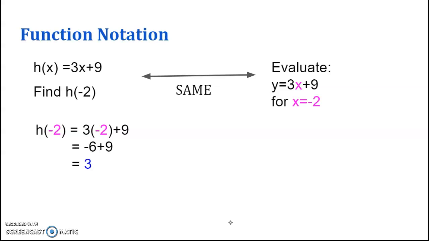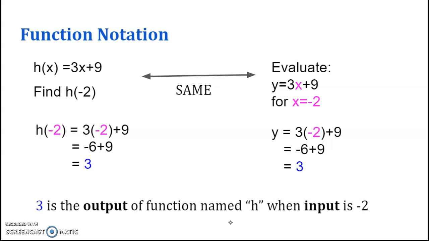From here, 3 times -2 is -6, plus 9 is going to be 3. What about this? Well, we do the same thing, except we're dealing with y instead of h of -2. So 3 is the output of h of -2, or the output for the function named h when the input is -2. So that's what's going on here.